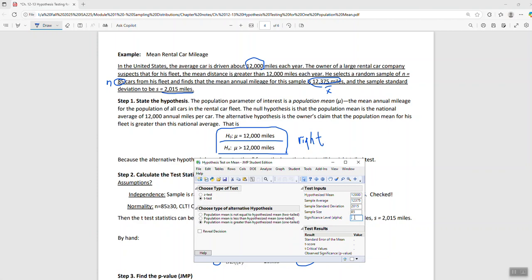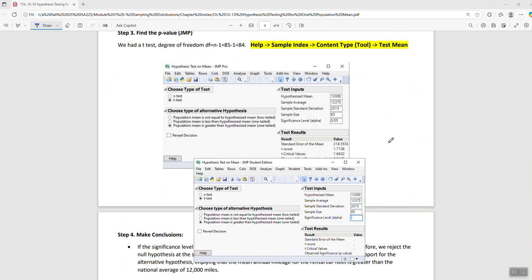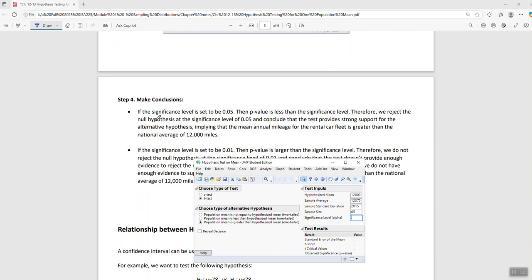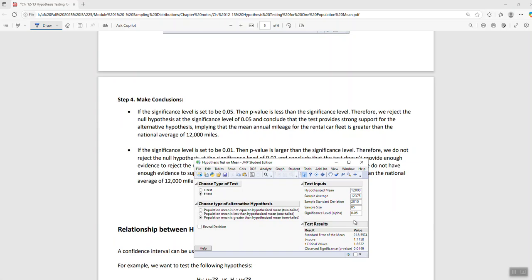And the significance level, alpha. When we take the test, we need to use alpha to make our conclusions. Even though we don't need it for the calculation, we can just put it here, 0.05, and then enter. Now you have our test result directly.